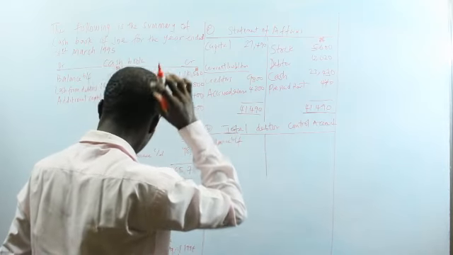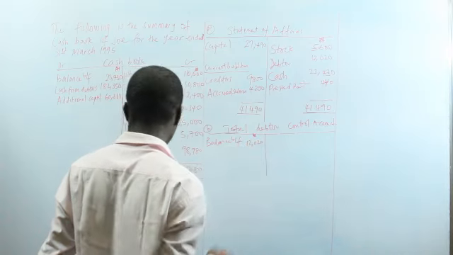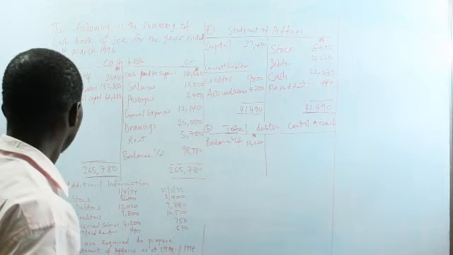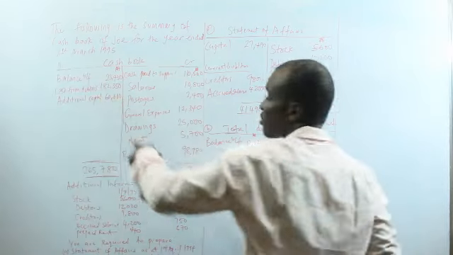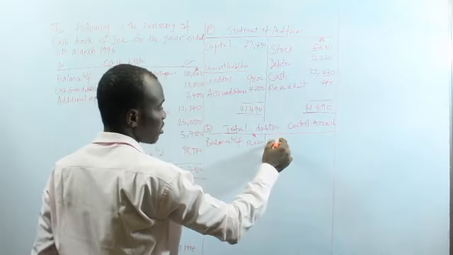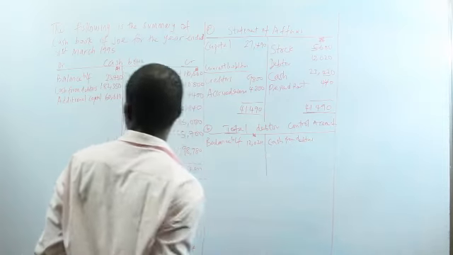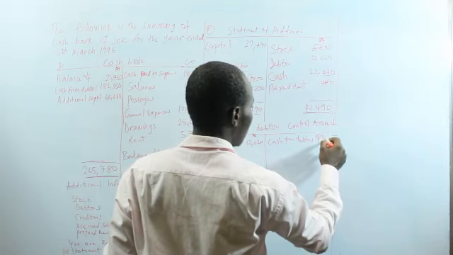The next thing is cash from debtors, which is in our cash book. The debtors account will be credited with the cash from debtors, which is 182,350.